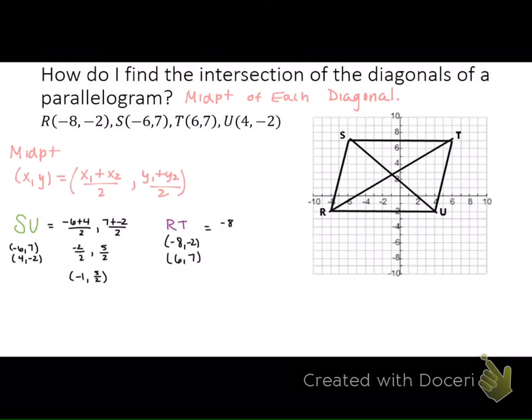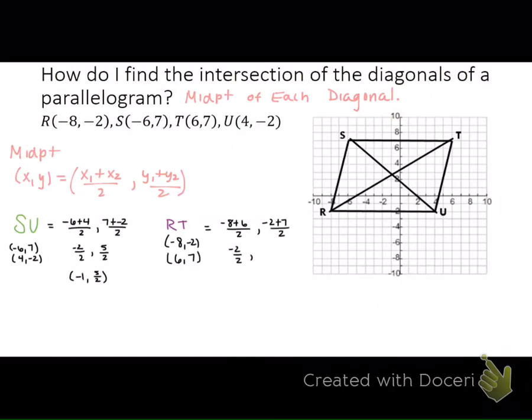So you add the x's together, divide by 2, comma, add the y's together and divide by 2. And what are you noticing as we're doing this? What do you notice? That's a 5/2. So what do you guys notice?